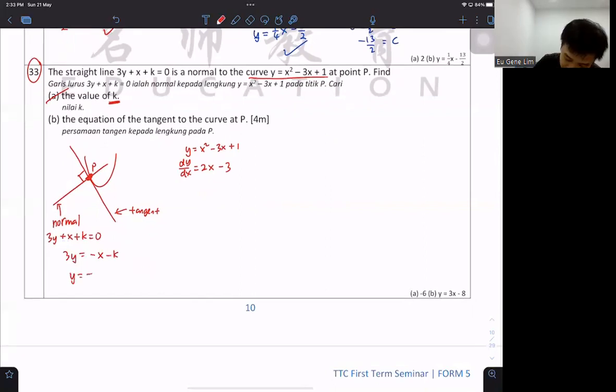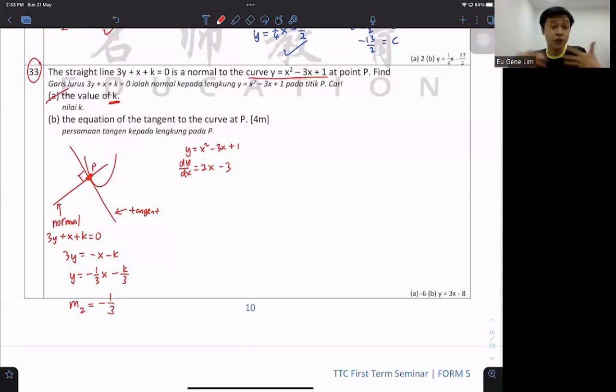Straight away like this: negative 1 over 3x minus k over 3. Just put 3 under it. Like this is faster. y equals negative 1 over 3x minus k over 3. Then you know the gradient is negative 1 over 3. m2 is negative 1 over 3 because that is the normal.